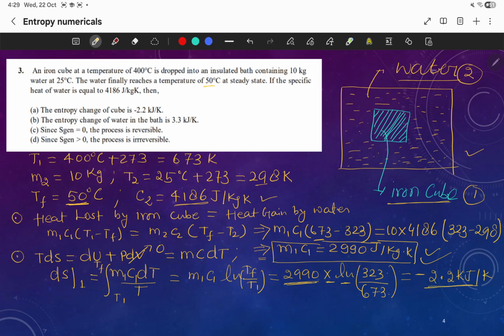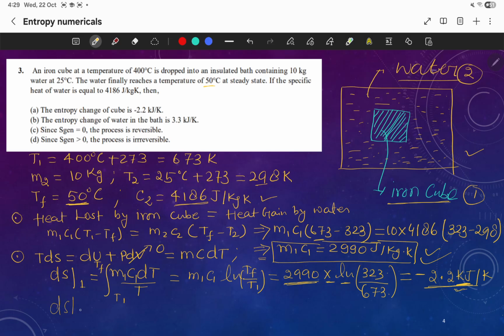If you get it in joule, just divide by 1000 to get kilojoule per Kelvin. You can see the entropy of the metal is decreasing because its temperature is decreasing, so we are getting a negative value.